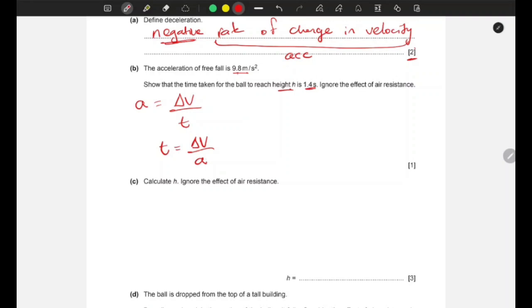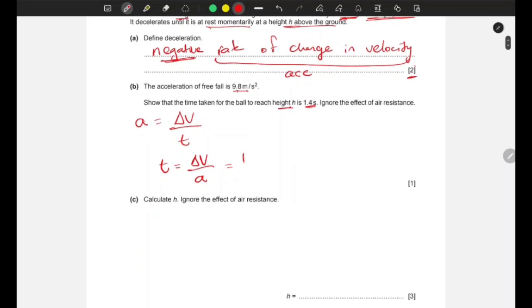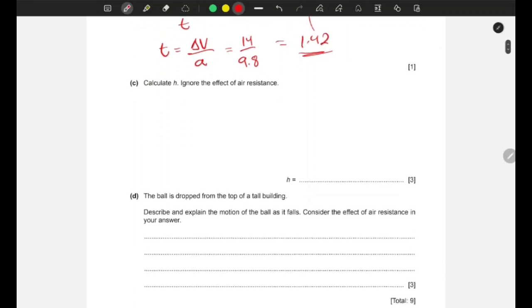Velocity is 14, so 14 over 9.8 gives us 1.42. This is the same as the answer given, just rounded to two significant figures.